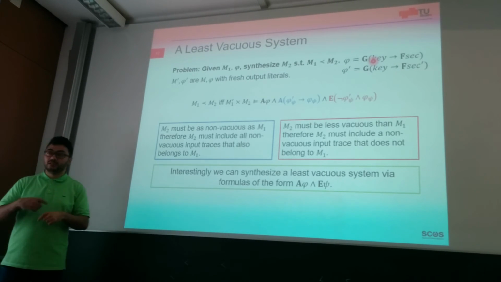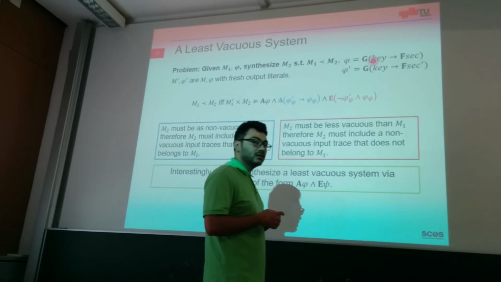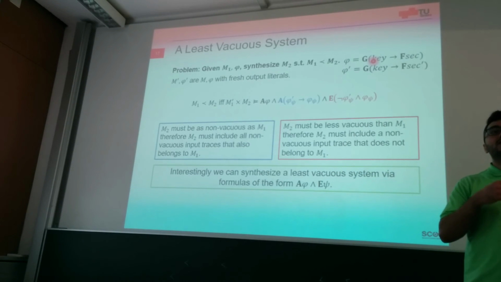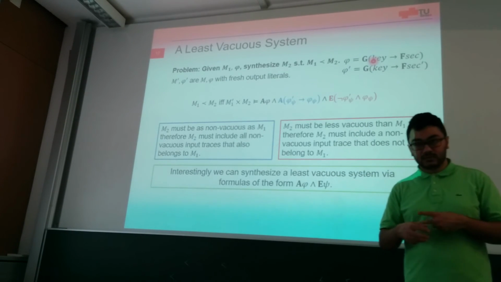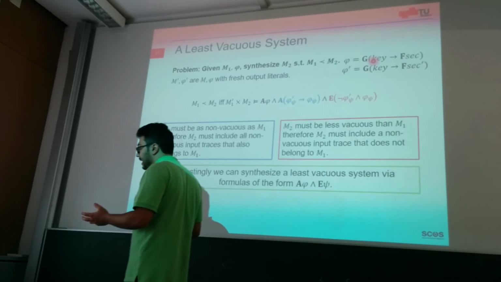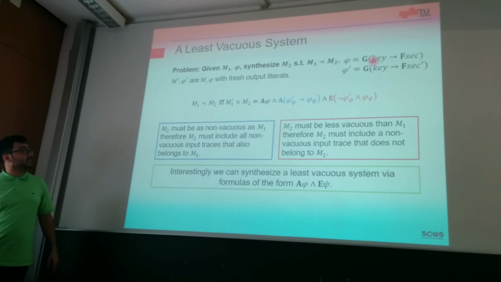So that's an iterative approach. In the first step, you synthesize a system from nothing. In the second step, you try to make it less vacuous, till it is unrealizable. The last system you got is the least vacuous system that will satisfy the specification.